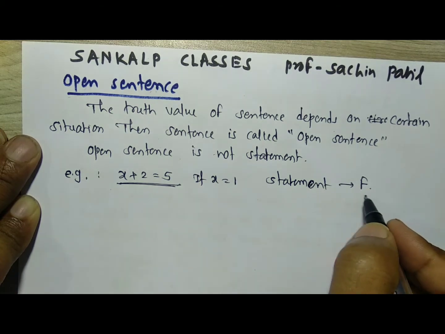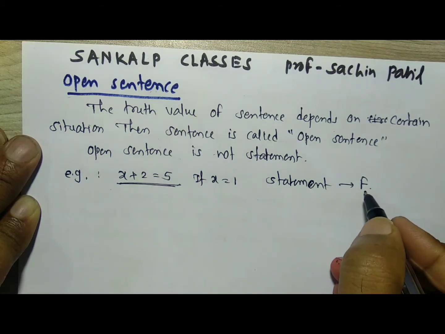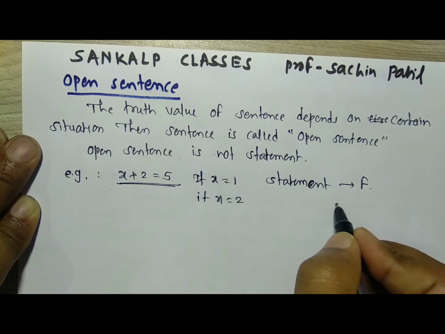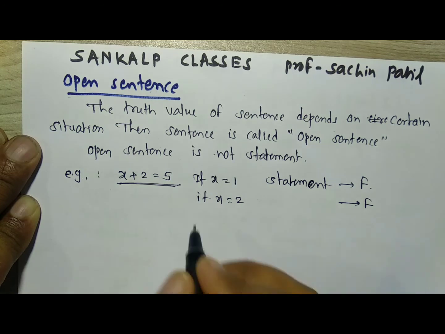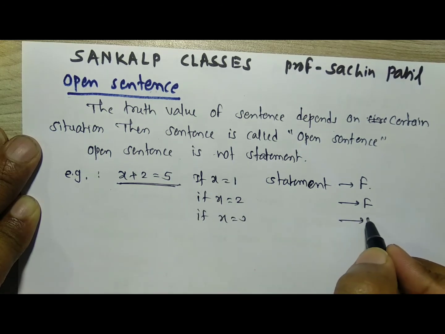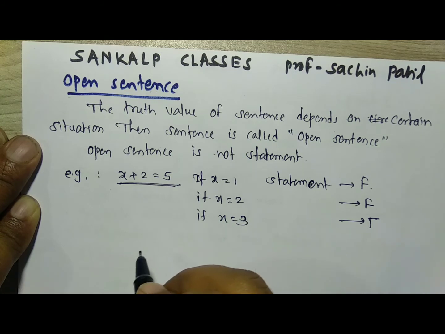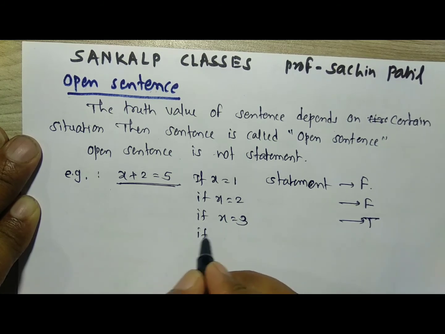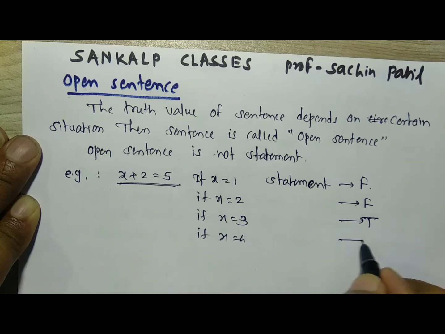That means the truth value of this sentence is false. If x is equal to 2, it is also false. If x is equal to 3, this becomes true. If x is equal to 4, this statement becomes false.